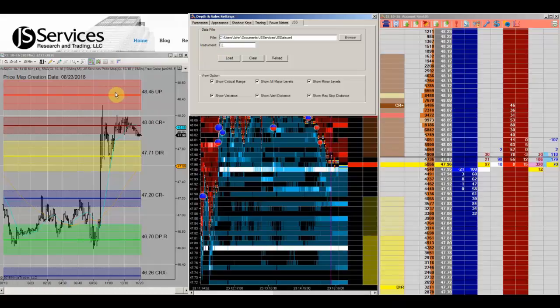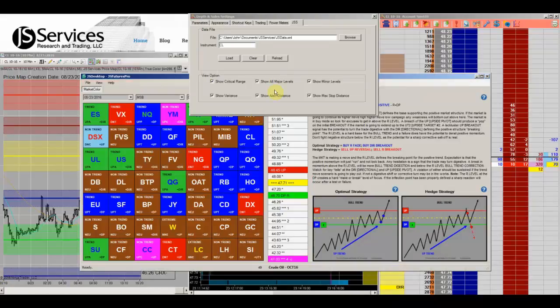So if I'm looking at crude oil right now, crude oil under this platform is CL. You want to make sure that this instrument symbol matches the symbol on the JS Services desktop market grid, and if it doesn't, then you want to enter that symbol here, and then the levels will show up.